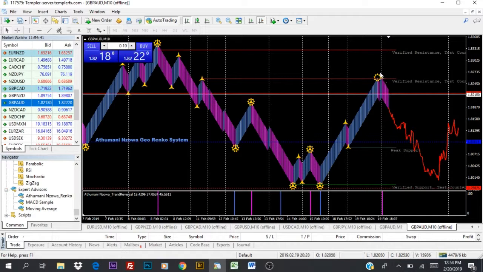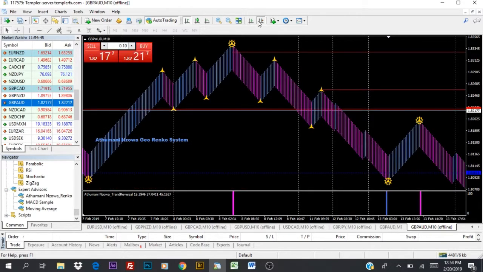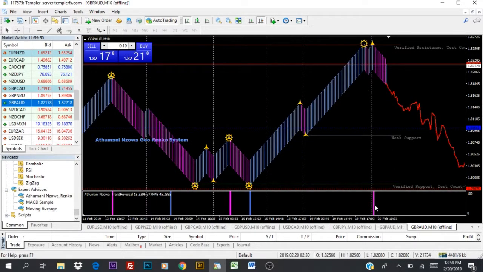In fact, this one confirms that now the movement is going to the other direction. And also down here, you have a pink bar. And then the future line is actually going down.